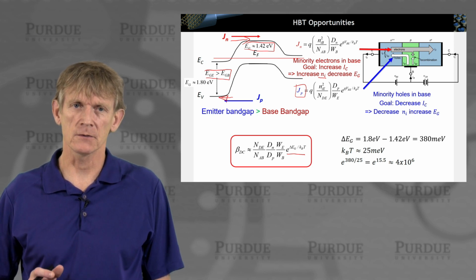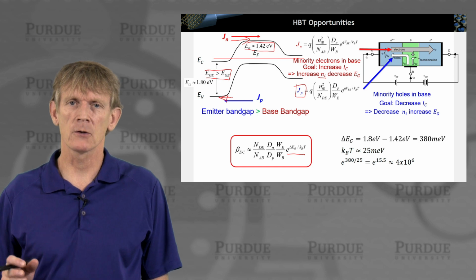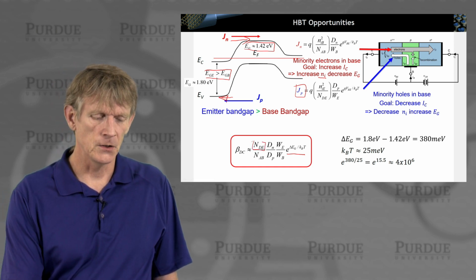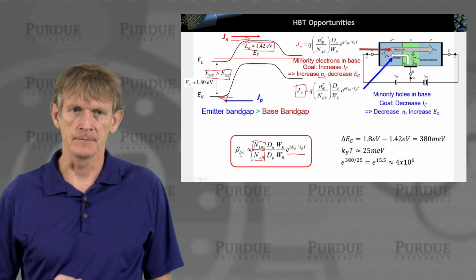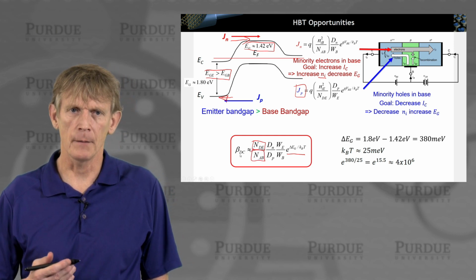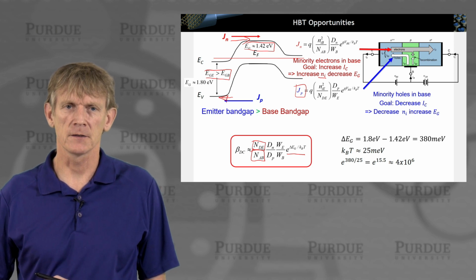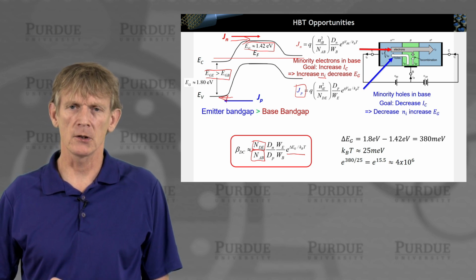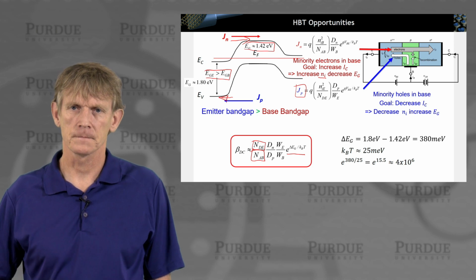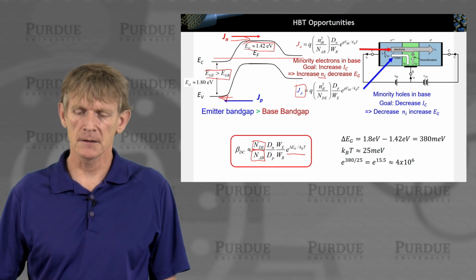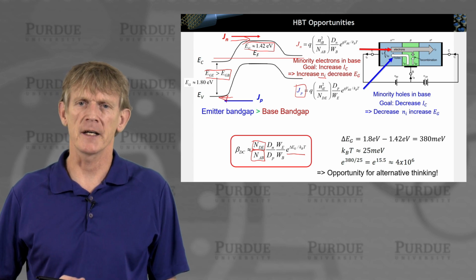It's a huge increase. Remember, we played around with changing doping by factors of 10. So we can move the transistor beta up and down with factors of 10. Now we're talking about a factor of 1 million. That's a dramatic game changer. Now you can turn on your idea factory.